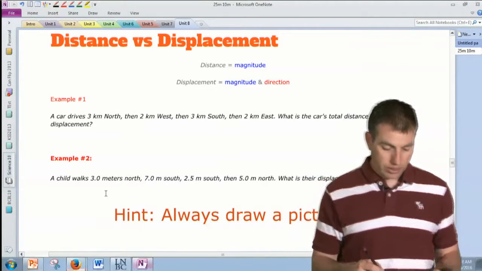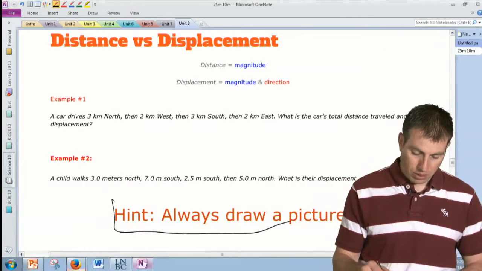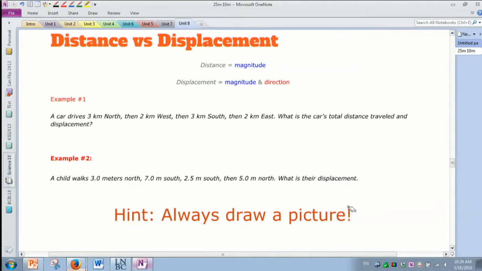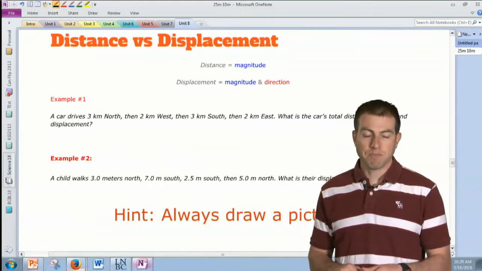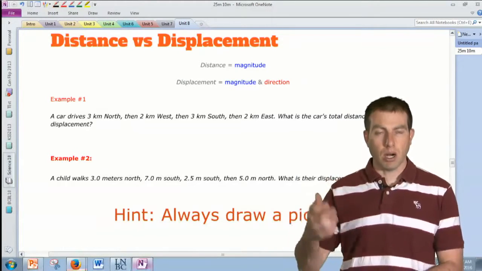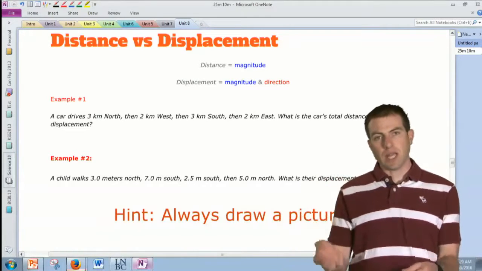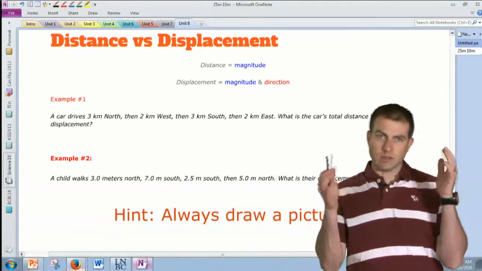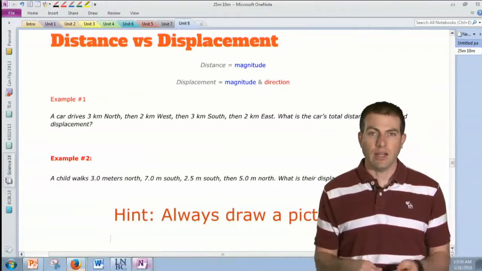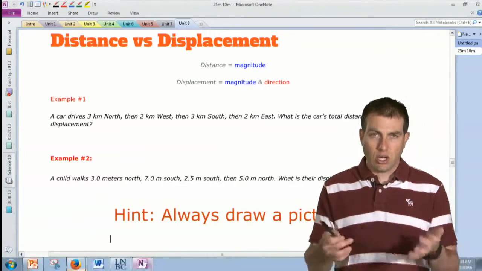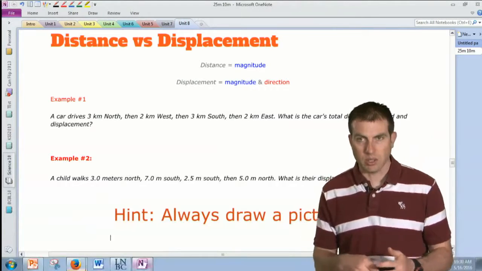So I've written in giant letters here at the bottom, hint, always draw a picture. So do that, draw a picture. When I teach Physics 11, I give students a mark for drawing the picture. I'm not talking about beautiful flowers or symmetrical butterfly wings. Just arrows and dots. That's what I'm talking about here.